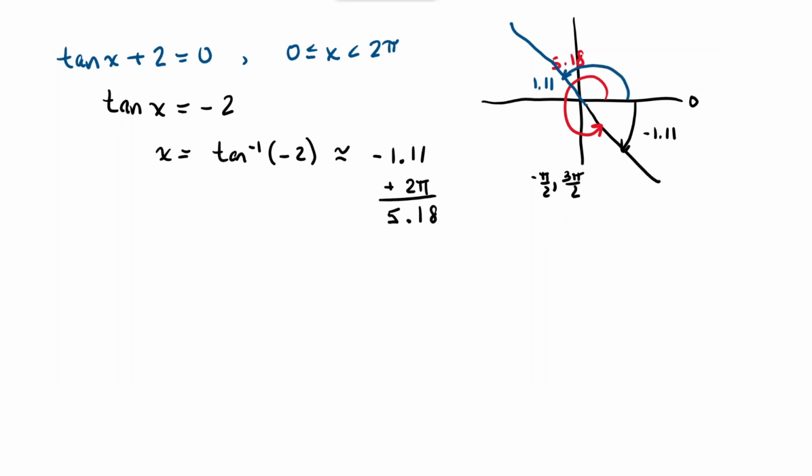So that means that this solution is equal to pi minus 1.11, which to 2 decimal places is 2.03. So that means our approximate solutions to this equation are x is approximately 2.03 and 5.18.